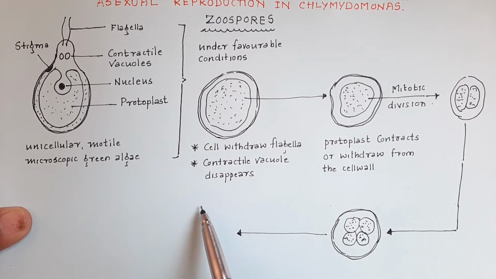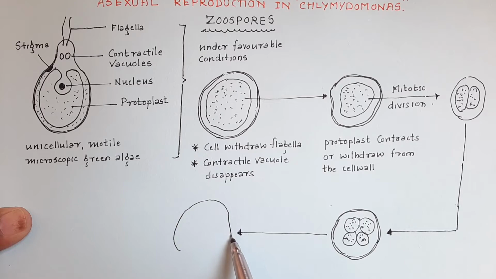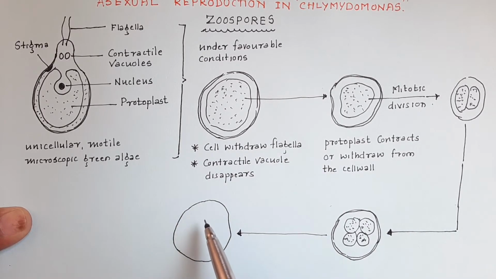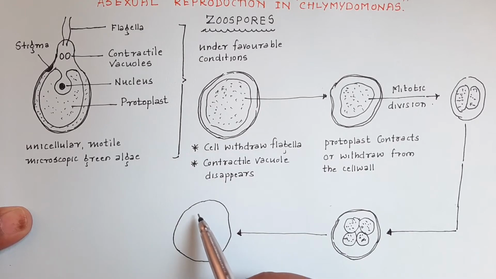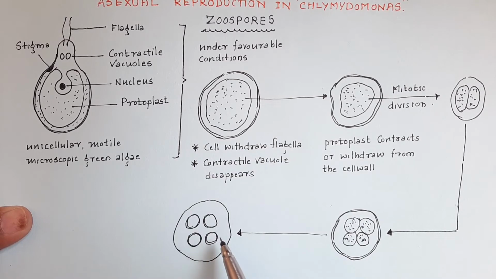Here a most important change takes place with respect to the cells. Each daughter cell develops a cell wall around itself and retains flagella.